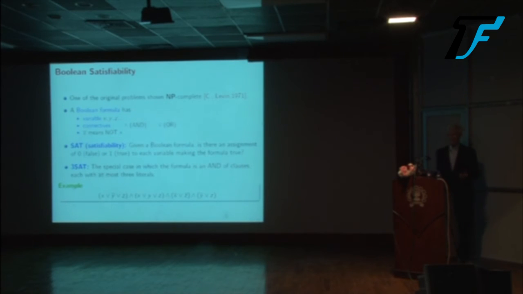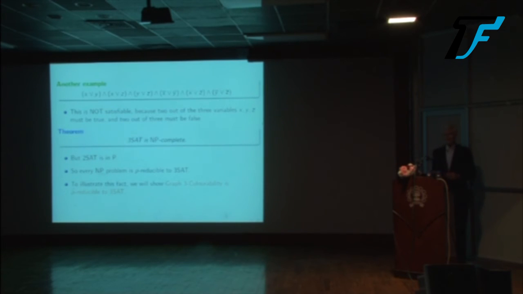This special case, 3-SAT, already turns out to be NP complete. Here's another example of a formula. This one is unsatisfiable because it says that for every pair of variables, xy, yz, xz, at least one of them has to be true, and at least one of them has to be false, and that's not possible. So, okay, 3-SAT is NP complete.